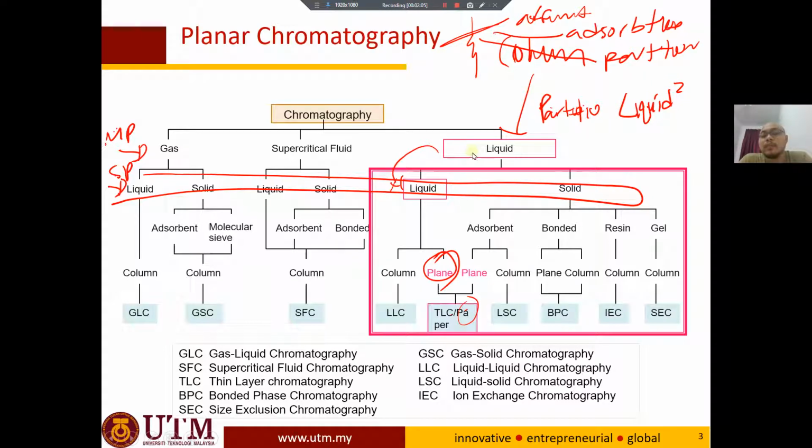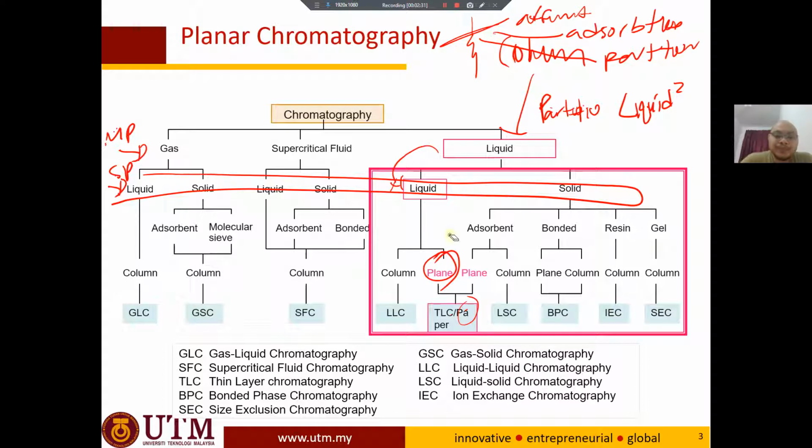If the separation is between liquid and liquid, where the mobile phase is liquid and the stationary phase is liquid, we call it partition chromatography. If the interaction is only on the surface, we call it adsorption, which means liquid and solid. Liquid and solid, we call adsorption chromatography.